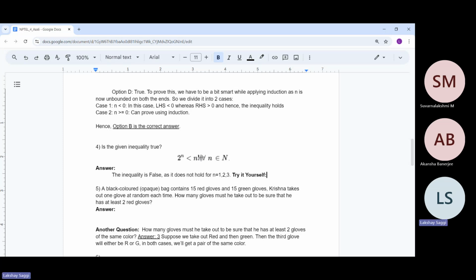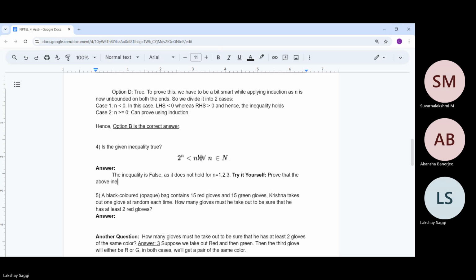I would suggest that you also try this out yourself. Maybe we can see one of such proofs if we have time at the end of the session, but I don't think we'll have time. Otherwise, you should definitely be comfortable with proving these sorts of statements using induction, because this will be very helpful when trying to prove things.